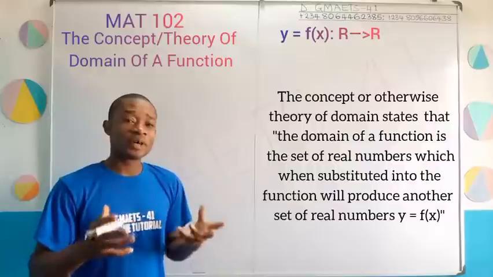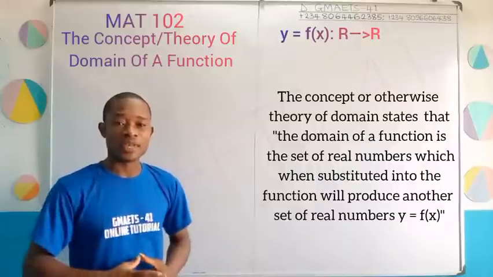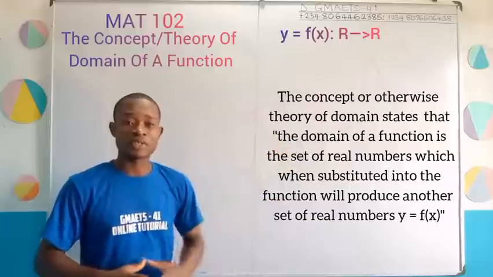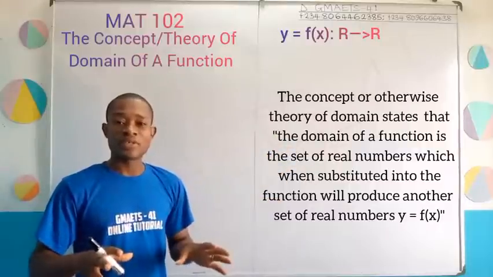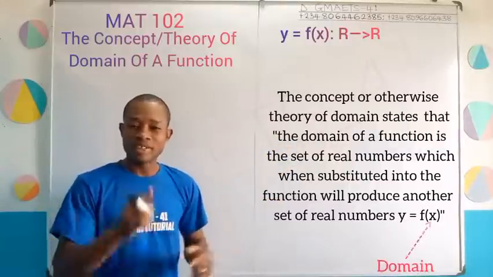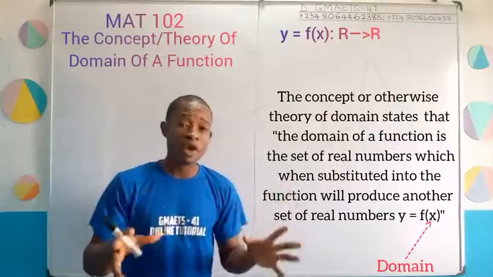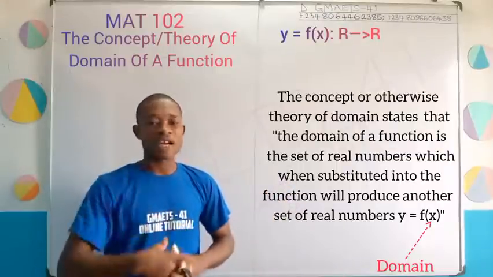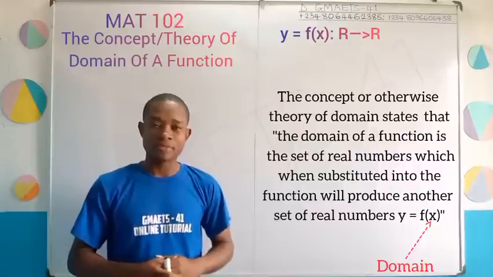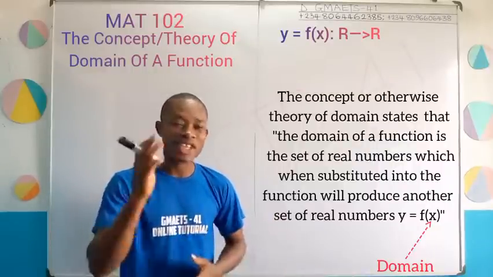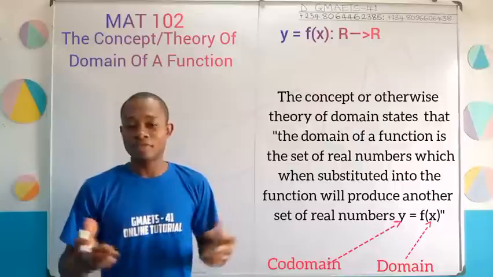The set of real numbers, we can use x to represent them, which you are going to substitute into the function. This set of real numbers are called domain if, when you substitute them into the given function, you get another real number. The other real number you get is called the codomain of the function.